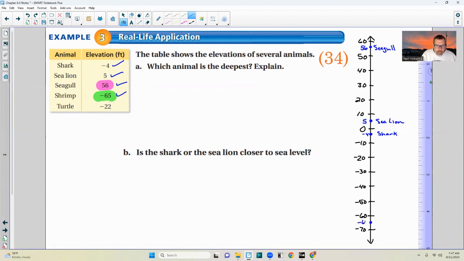So here's -65, and that is a shrimp. Okay, and finally the turtle's at -22. So here's 20, -25 is here. So -22 is approximately here, not quite a quarter of the way. So -22 is turtle.